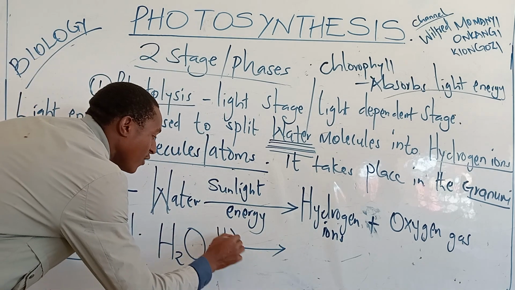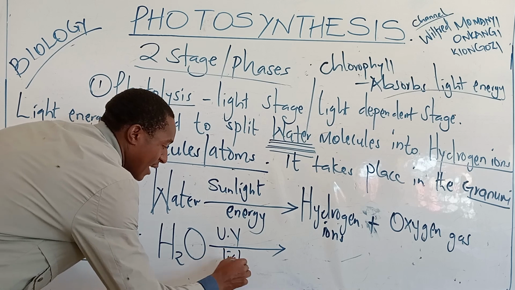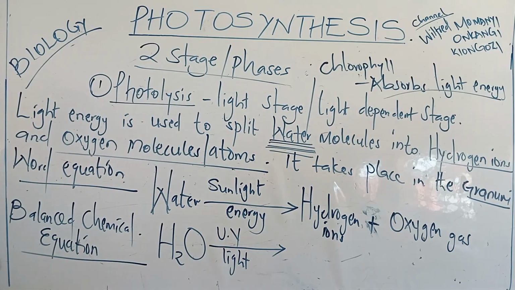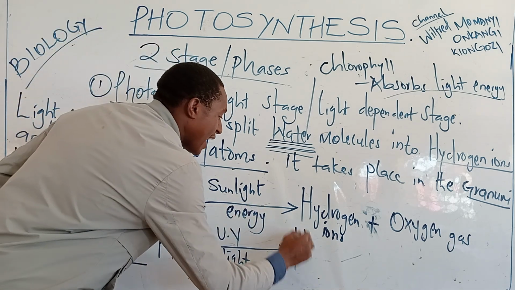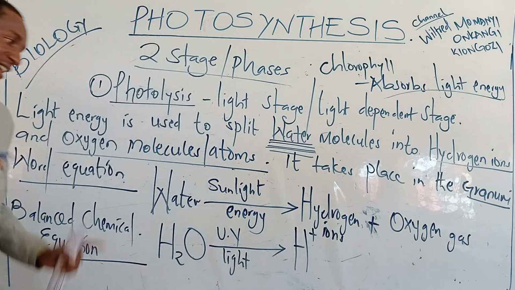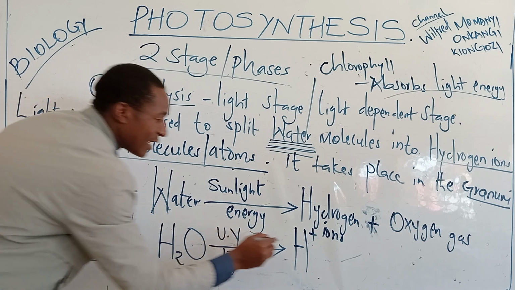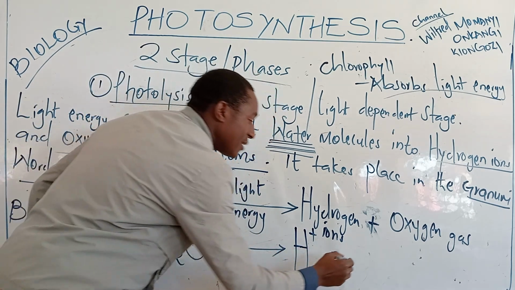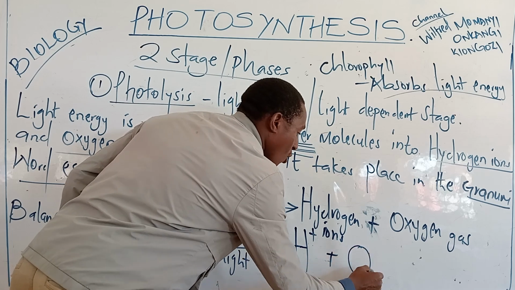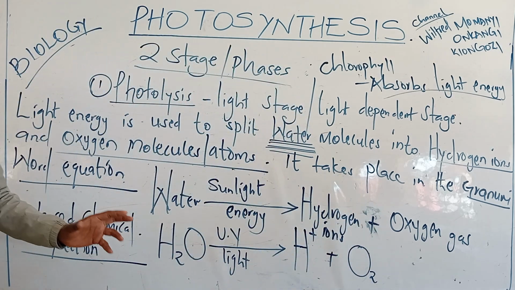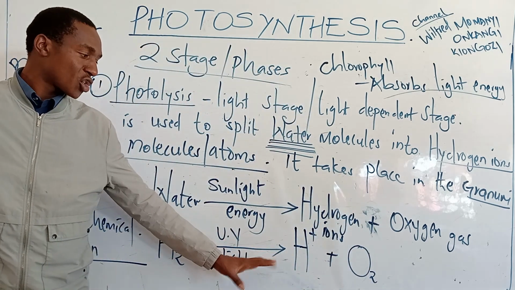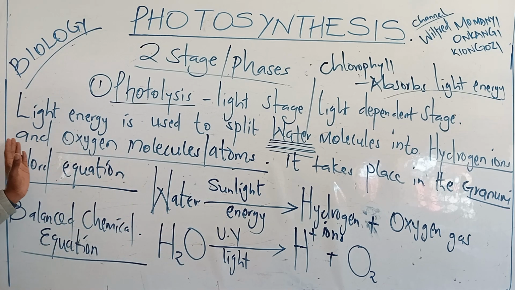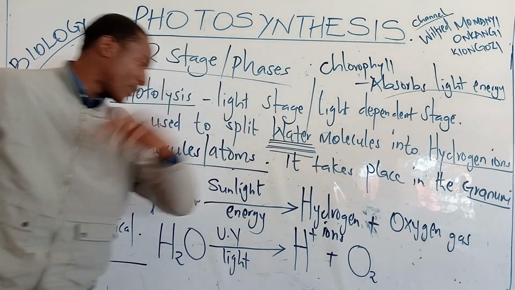You can say UV light, that is ultraviolet light from sunlight. And then you write hydrogen ions, with a positive sign to indicate ions, and then plus oxygen, which exists as a molecule, so O2. You balance this chemical equation by counting the number of hydrogen and oxygen atoms on the reactant side, and balance it with the product side.